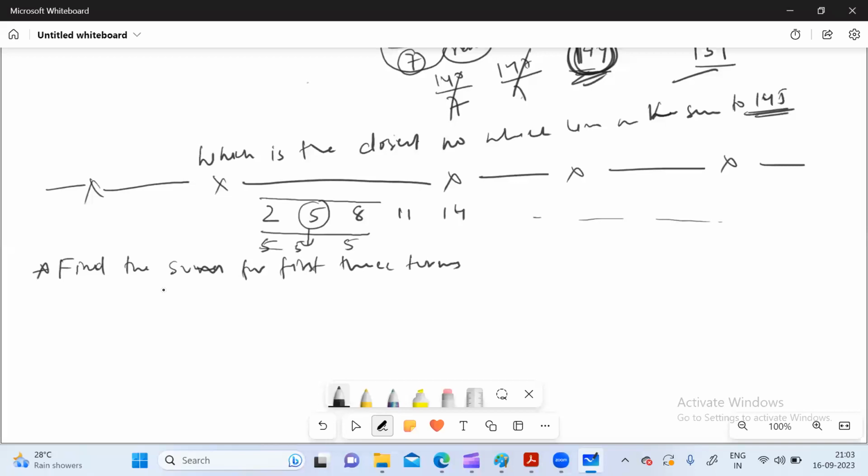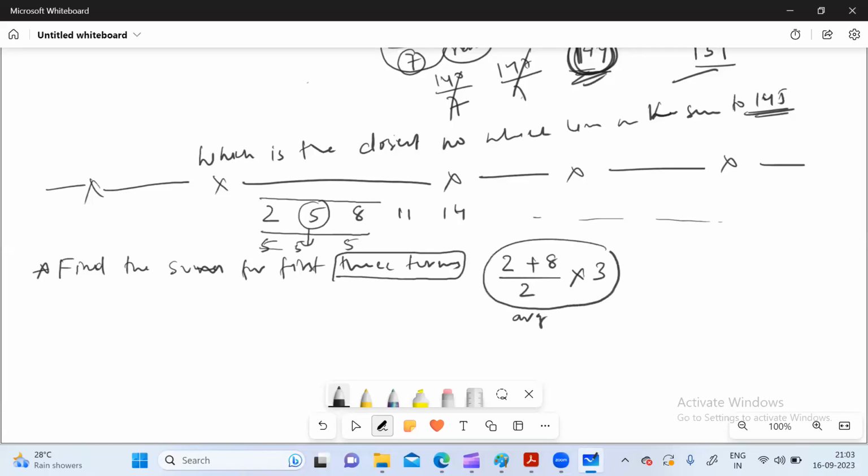So for the first 3 terms, how can we find the average? We took the first term and the third term and divided by 2. This is the average. And I multiplied it by the number of terms. So this is how I got the sum of 3 terms.